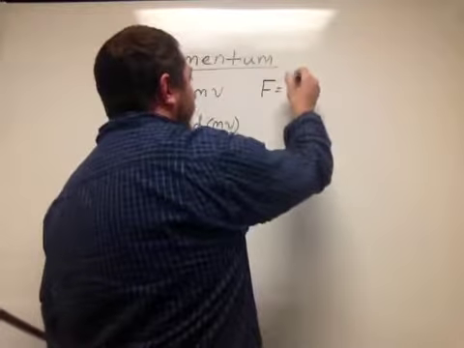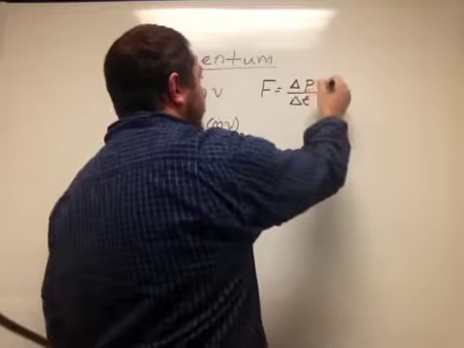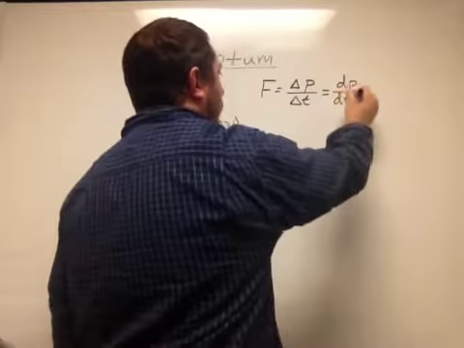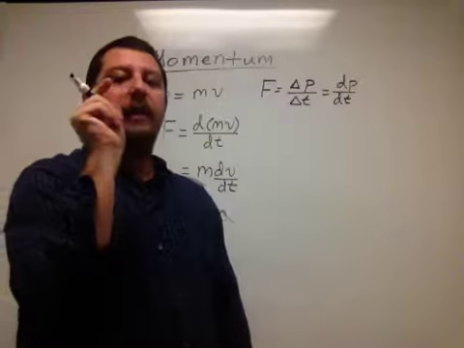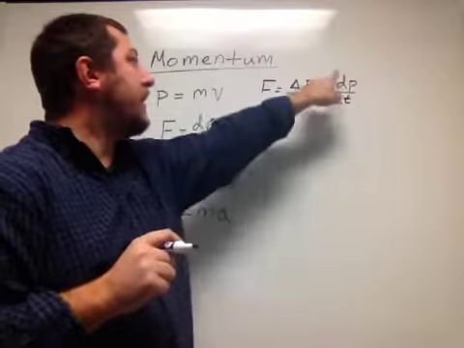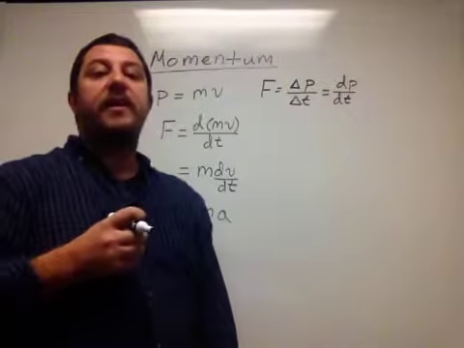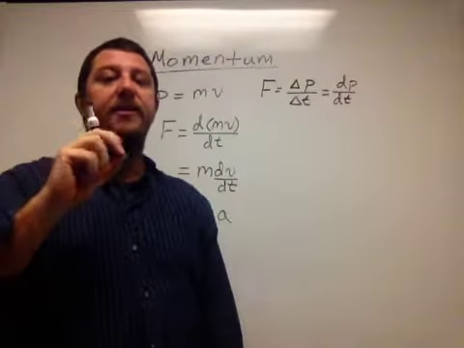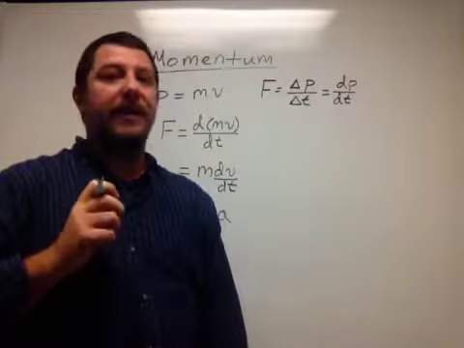So a more general way of writing Newton's second law is that if I apply a force to an object, then that is going to cause a change in the object's momentum, and in the limit that my times become infinitely small, then my deltas become d's, and so I can write that force is equal to either a finite change in momentum divided by a finite change in time, or an instantaneous change in momentum divided by an infinitesimal time.